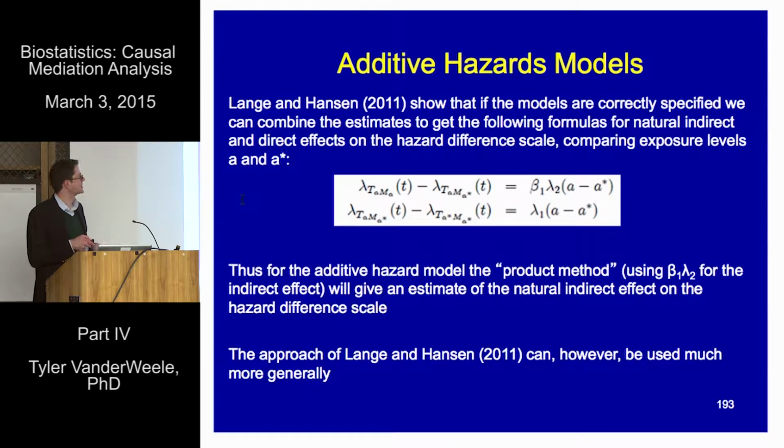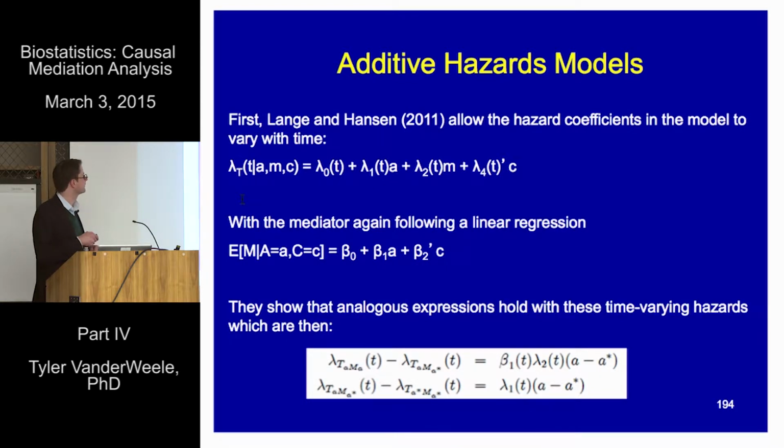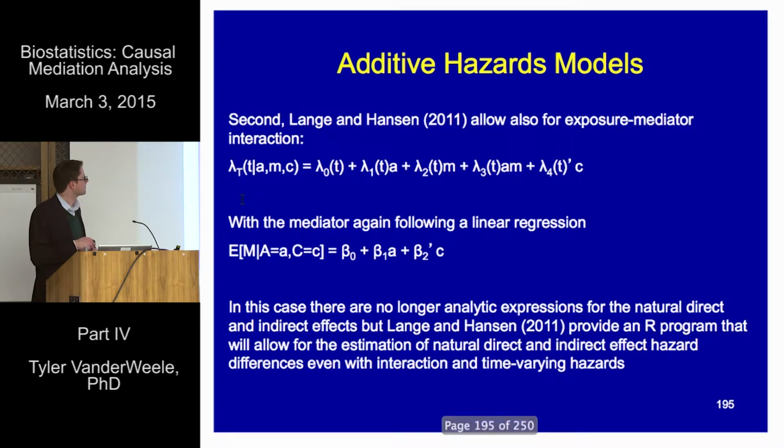And they generalize this additive hazard approach in a number of different ways. Their method and their software can allow all of the coefficients to vary over time, and you get the same sort of straightforward product method type expressions. They also allow for exposure-mediator interaction. They don't get closed-form solutions in this case, but their software can still estimate the direct and indirect effects.